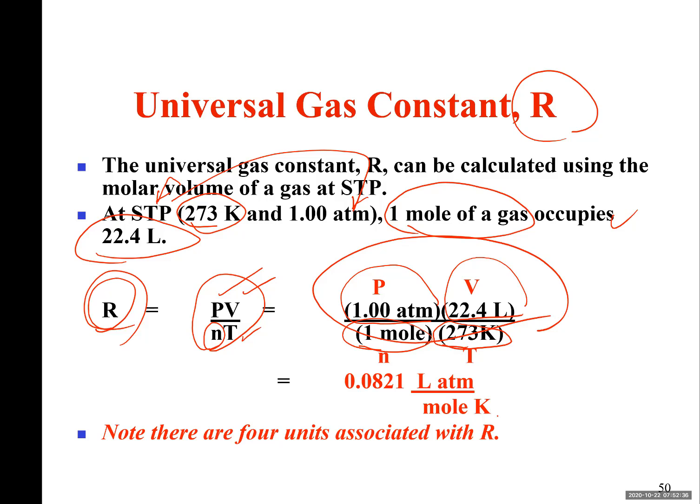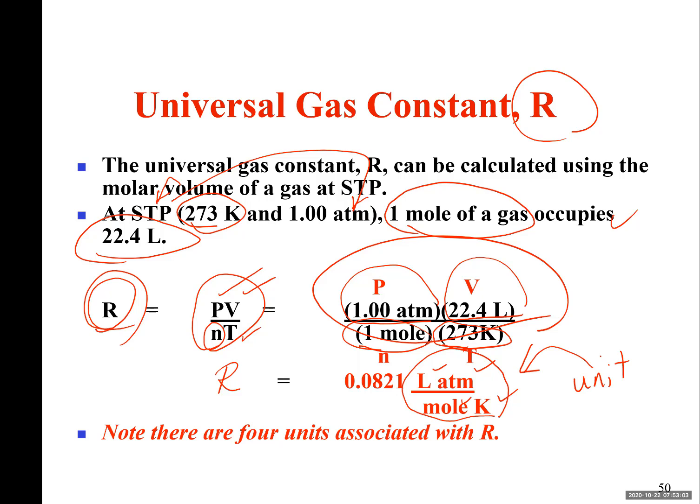So there are 4 units associated with the gas constant R. Liter atmosphere per mole per Kelvin. Now, this is in the book, and I give it to you on the exam table. You don't need to memorize it. You just pay attention to the unit.